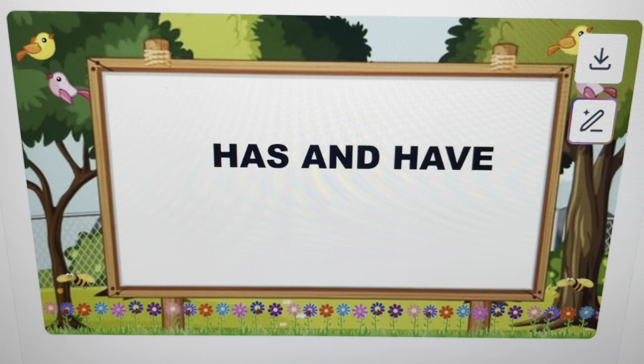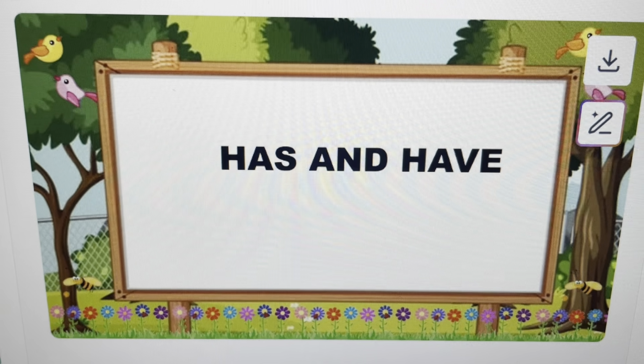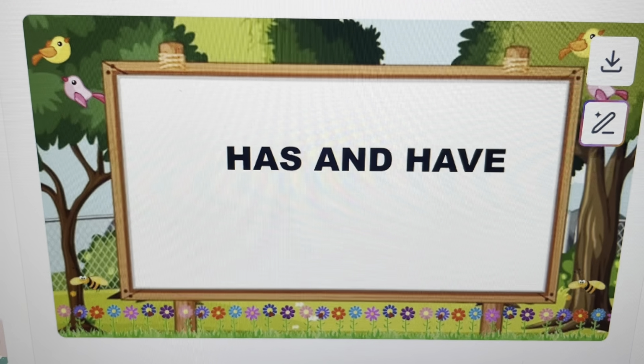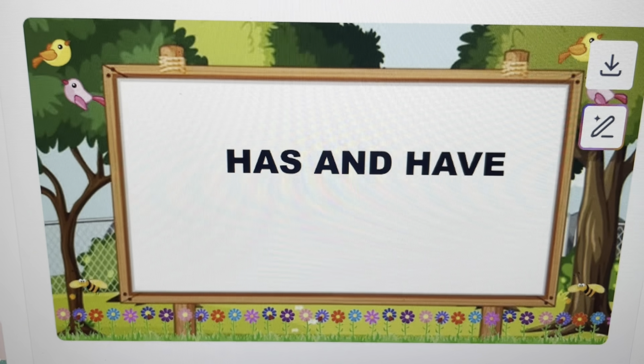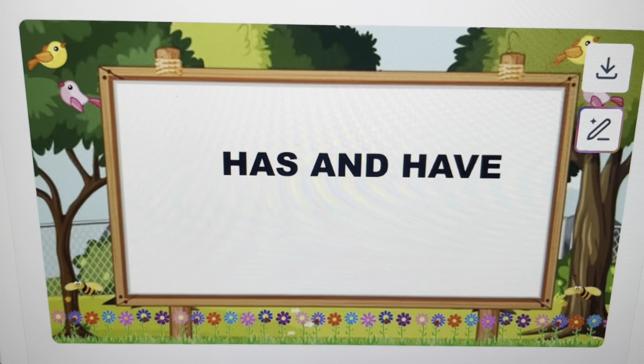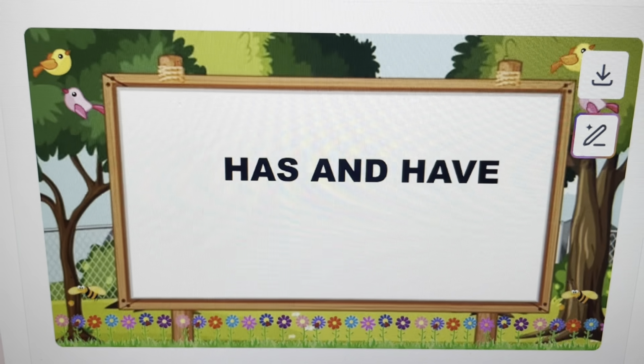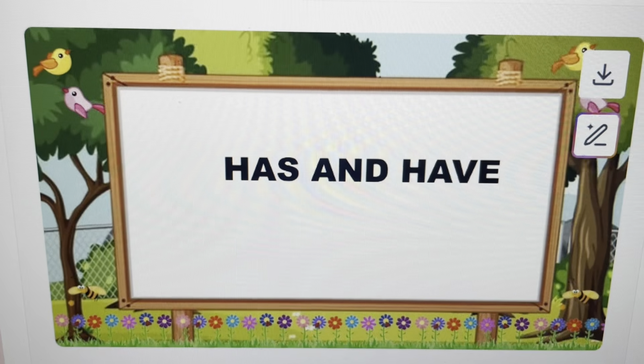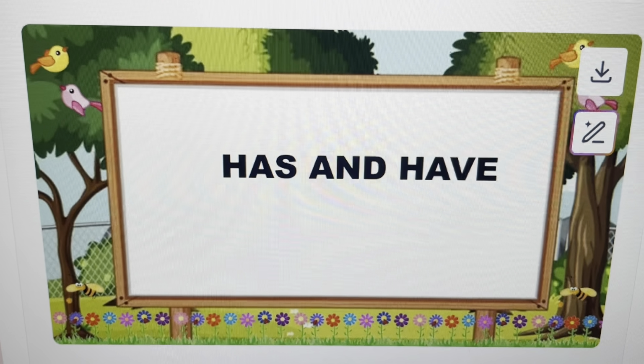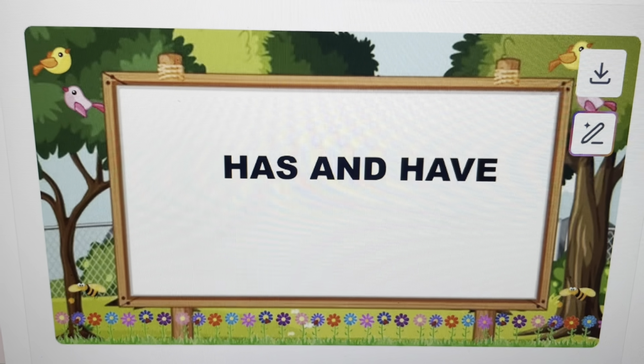The next part comes for present tense: has and have. In the previous slides we have seen the words s and es added to verbs to make it your present tense.